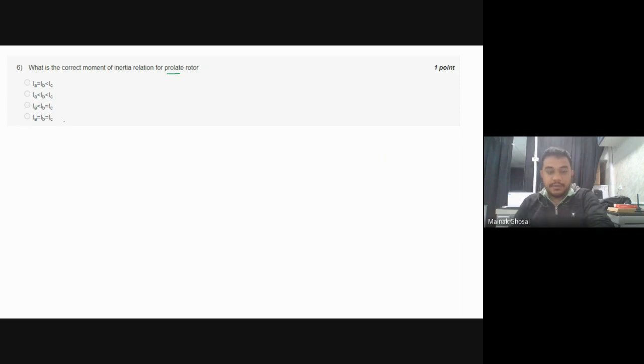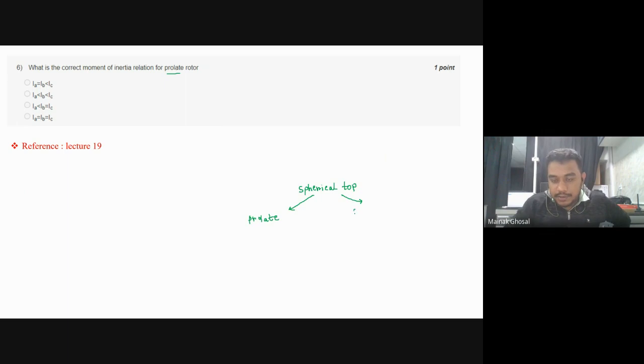You can find this reference in lecture number 19. Suppose a molecule is a symmetrical top molecule. A small concept I will discuss here. It could be divided into two types: one is prolate, another is oblate.